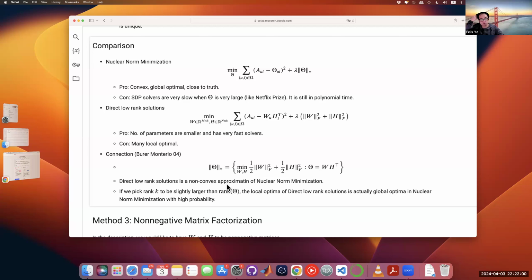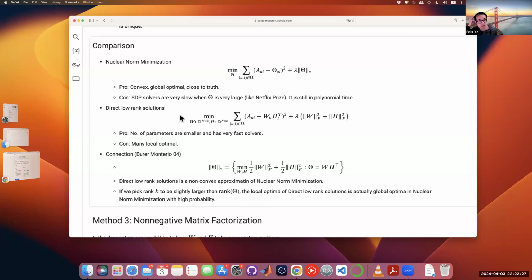It turns out if we pick the rank k to be slightly larger than the rank of theta that we're interested in, the local optimum of our solution is actually always the global optimum of the nuclear norm minimization, with high probability.